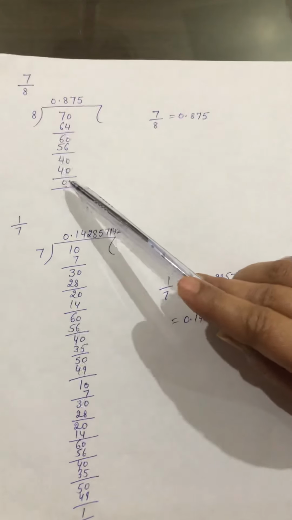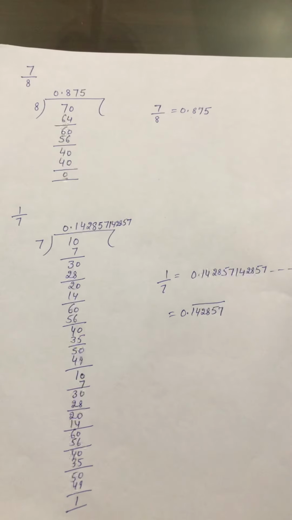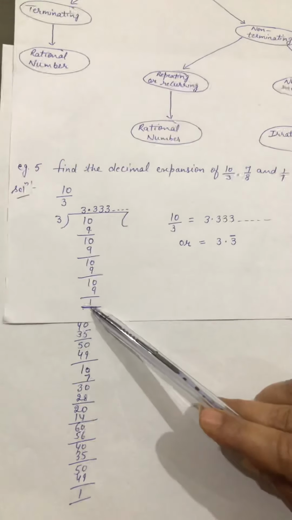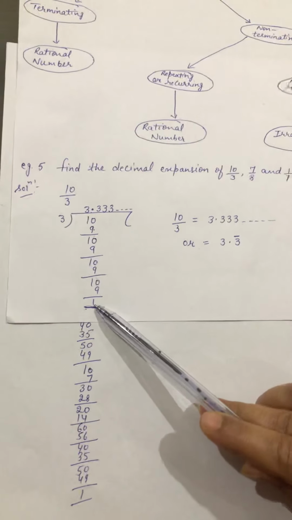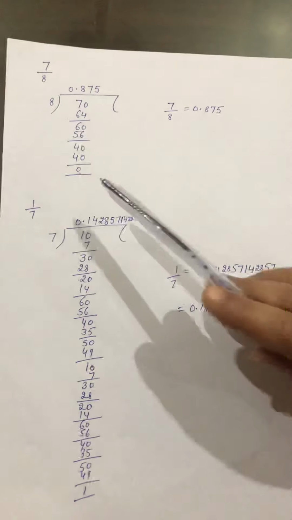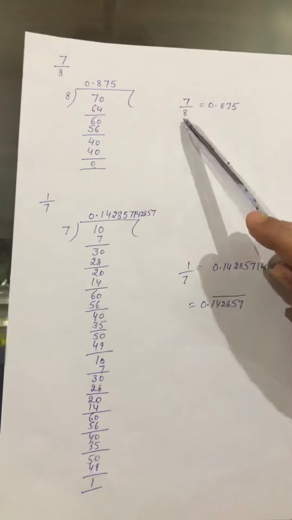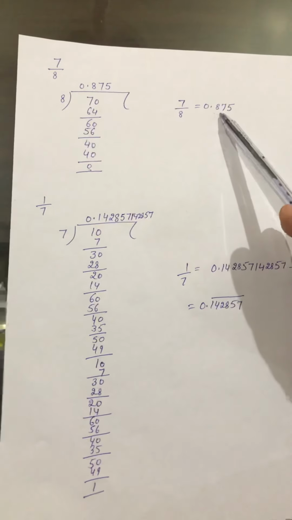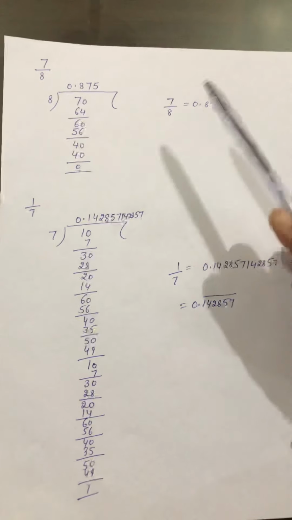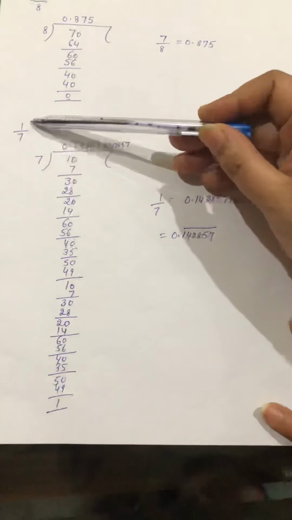So here you can observe the remainder is 0. But in the first part, the remainder was 1, not equal to 0. But here, the remainder is 0. So for 7 by 8, the quotient is 0.875.